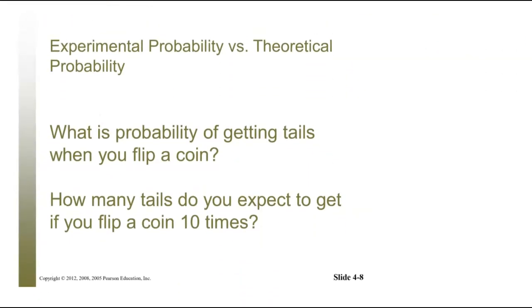Now, this leads us into experimental probability versus theoretical probability. So let's think about this a minute. If I asked you, hey, what's the probability of getting a tail when you flip a coin? Well, a tail is 1 chance out of 2. You get a 50% chance of getting a tail. We can do that without flipping any coin.